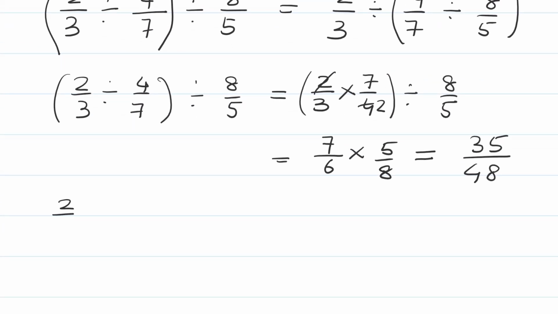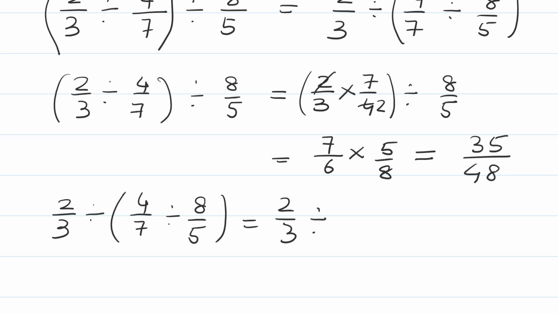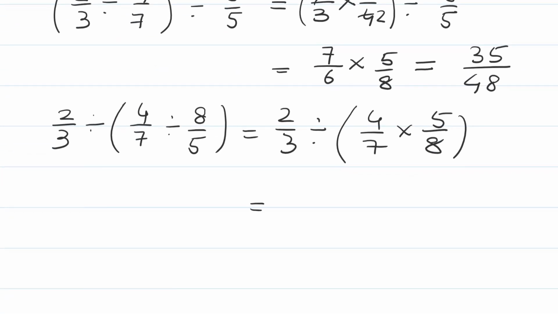Compare with the RHS. 2 by 3 divided by, 4 by 7 divided by 8 by 5. To divide is to multiply by the reciprocal of the divisor. 4 by 7 divided by 8 by 5 is 4 by 7 into 5 by 8, which is 5 by 14.